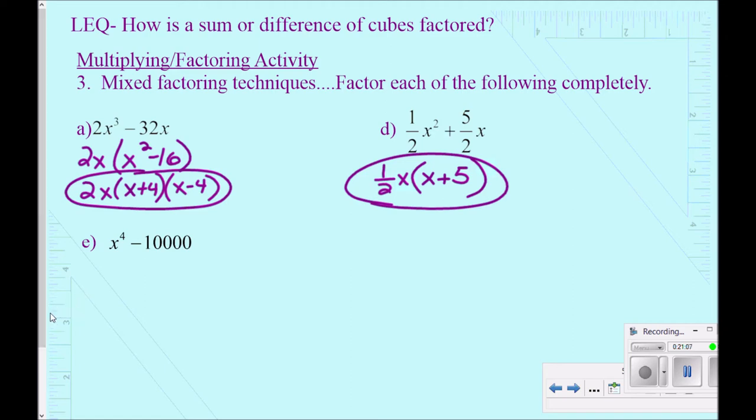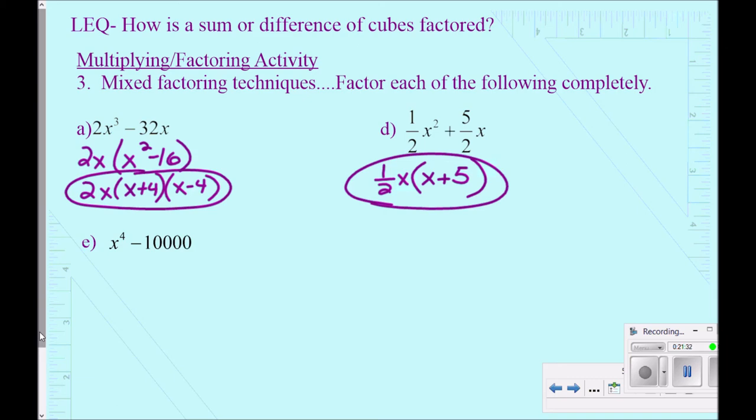If it's a 6, it could actually be difference of squares or cubes, because I could have x squared being cubed, which is x to the 6th, or I could have x cubed being squared. So if it's a 6, that one's kind of difficult. It could be a cube or a square.